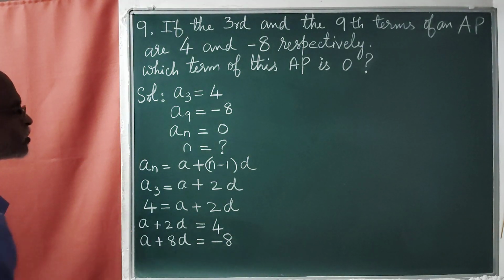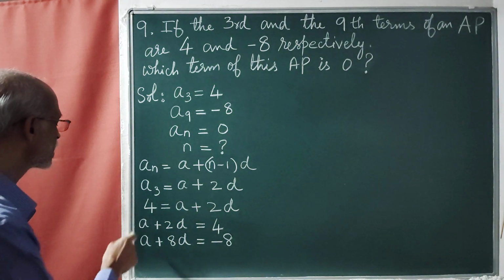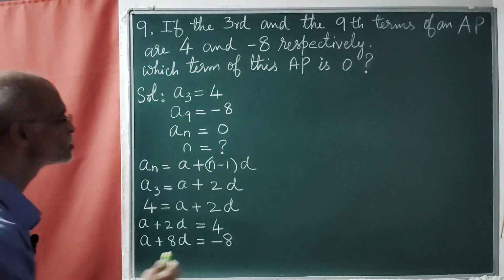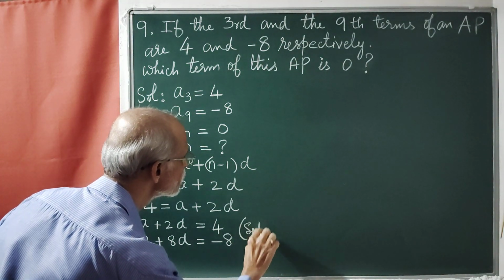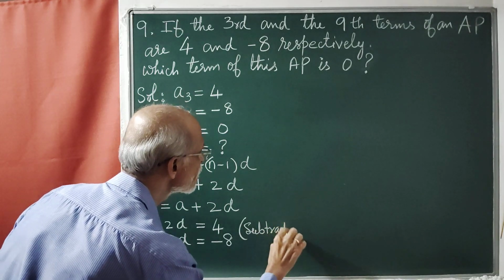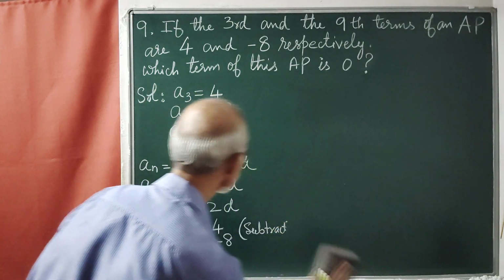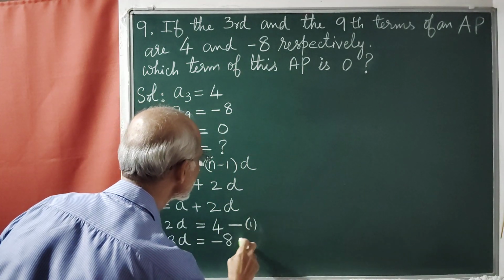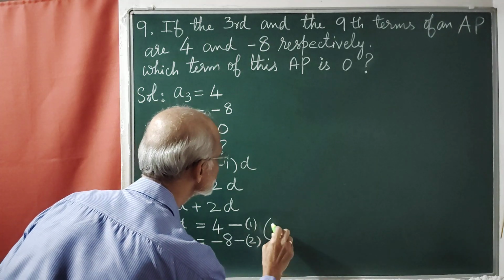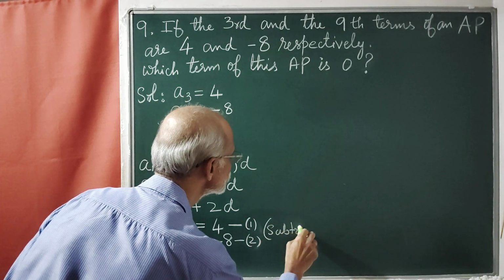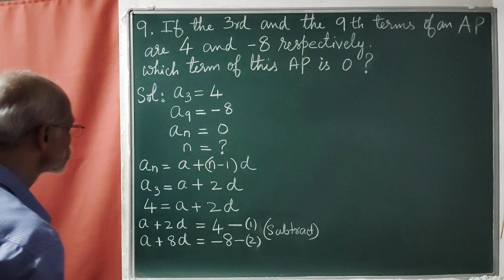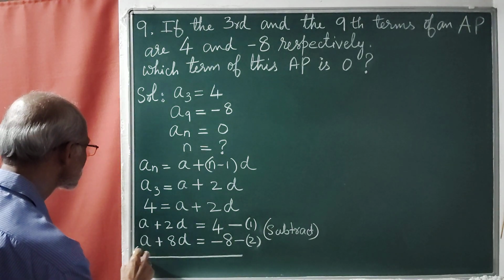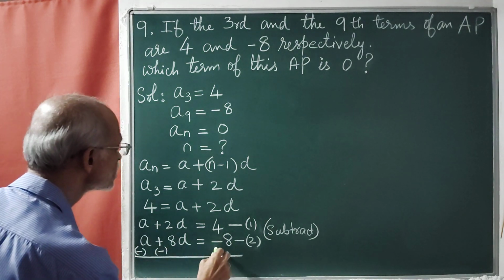Now the coefficients of A are equal, so now if I subtract them, A will get cancelled, so we will just subtract. I will label them as 1 and 2, and we will subtract the equations. To subtract, we have to change the signs of the lower equation, minus, minus, plus.